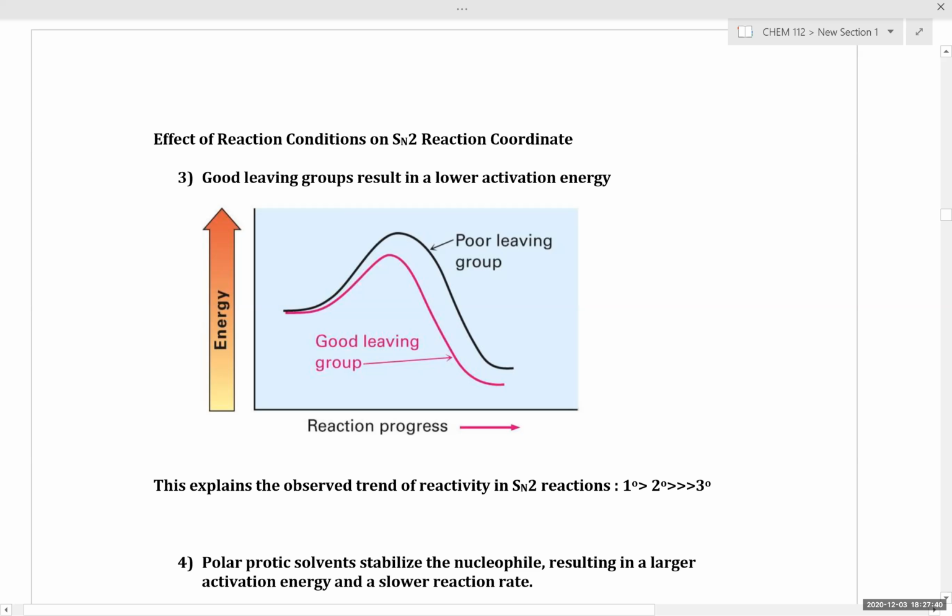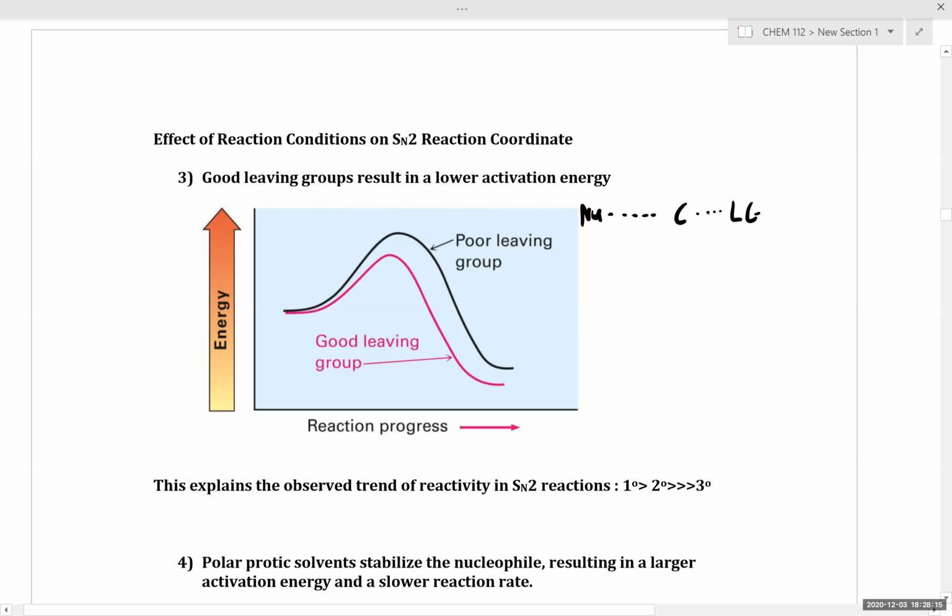So if we think about our transition state here, so if we have a good leaving group, our activation energy is lower, because in our transition state where we're forming our bond with the nucleophile and breaking our bond with the leaving group, this carbon leaving group bond is easier to break.